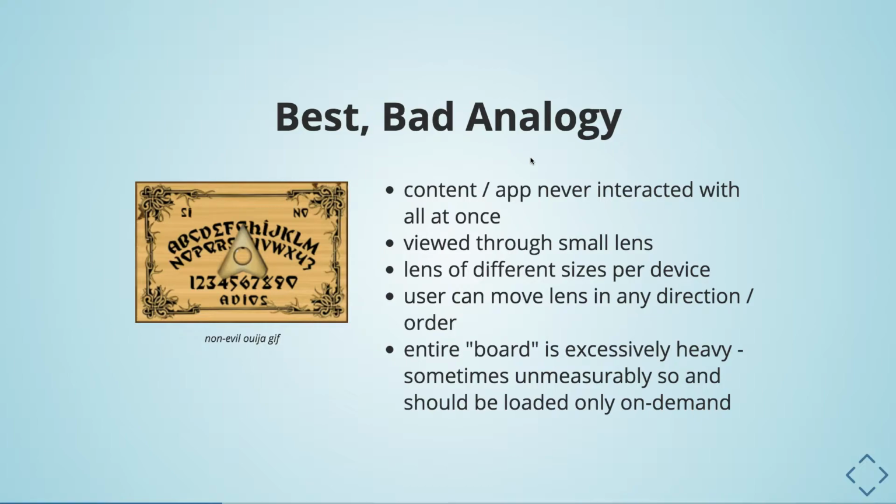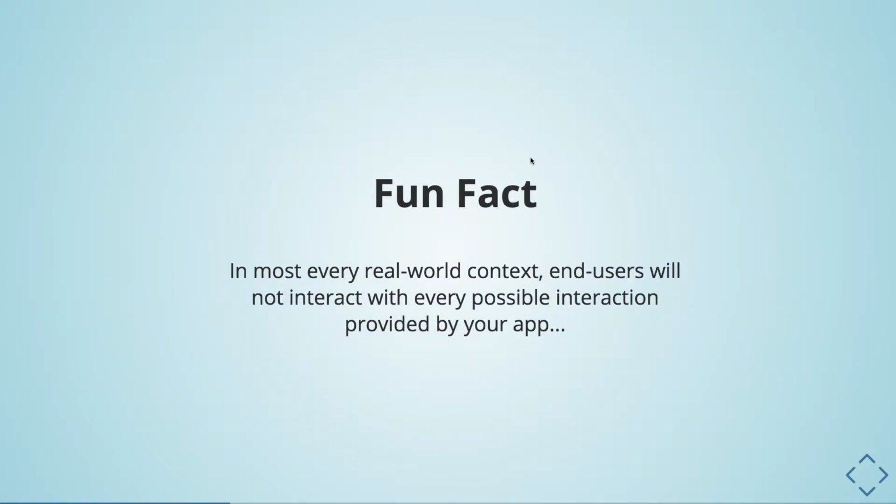And that board is so big that no one can probably even measure the entire weight of the whole board. And the users can move that thing in any direction, all right? So as your users interact with your application, your site, it's that same idea. There's a ton of things that they can navigate through, but they never do it all at once. And in reality, they never do it all, right? No one ever visits everything in your site or your app.